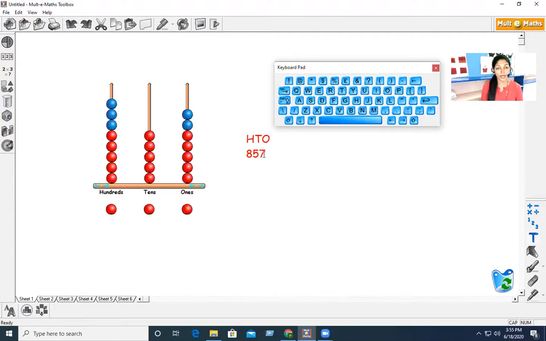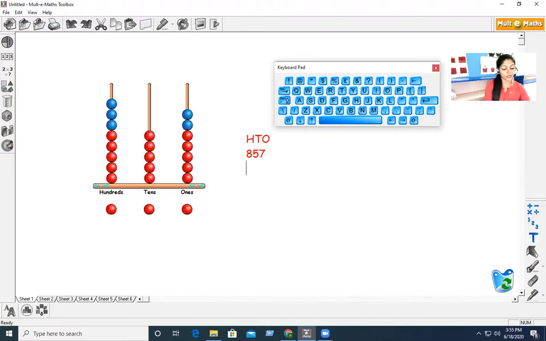Now what is the number? Can you read it? 857. Now how will I write the number names? I'm going to write in words, just give the spelling. The number is 857.